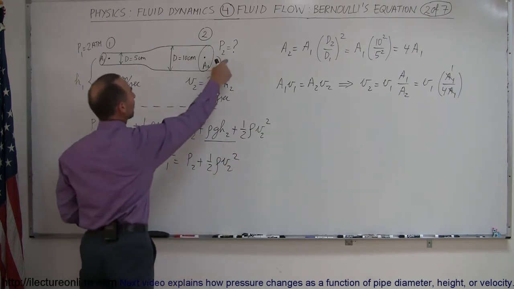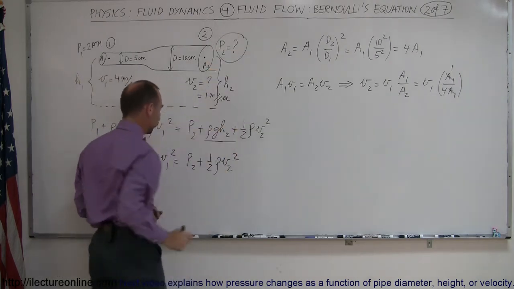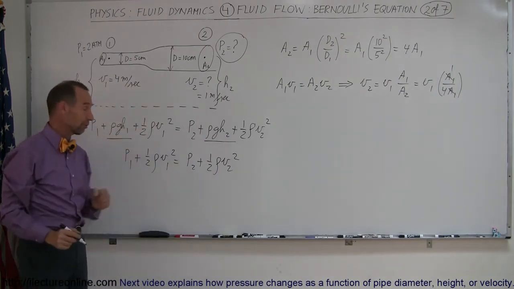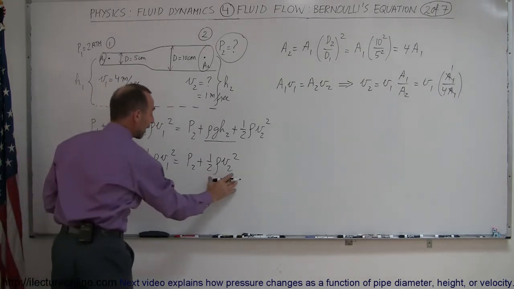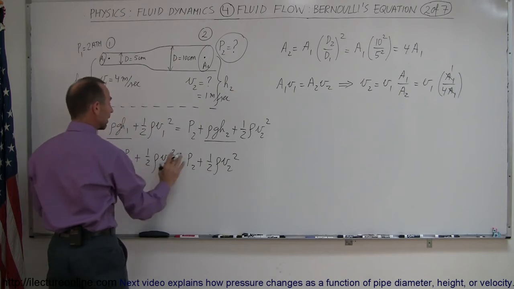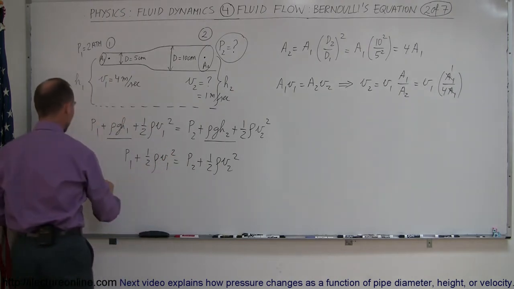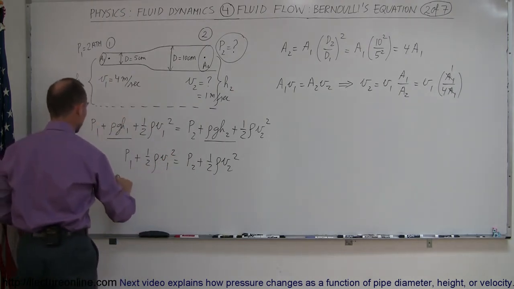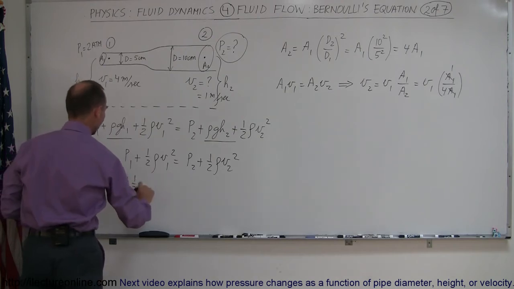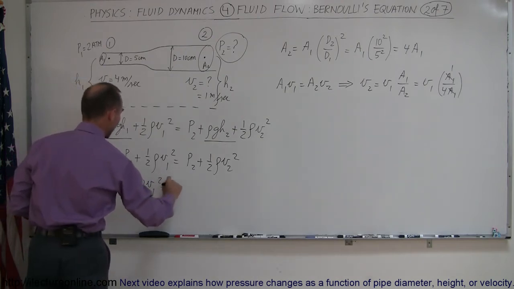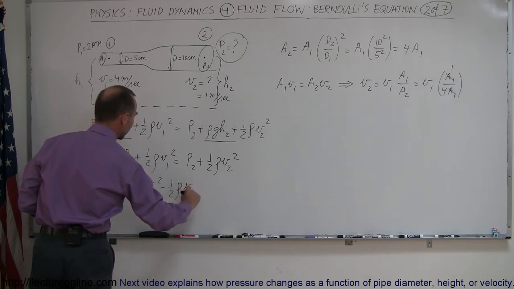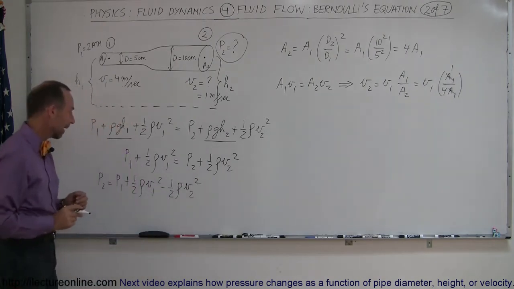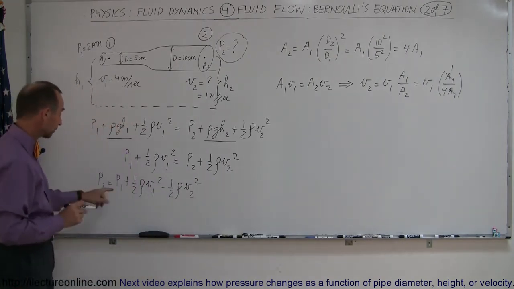Since I'm looking for P2, I can solve this equation for P2. I move the 1/2 rho V2 squared to the other side and flip the equation around. So now I end up with P2 is equal to P1 plus 1/2 rho V1 squared minus 1/2 rho V2 squared.